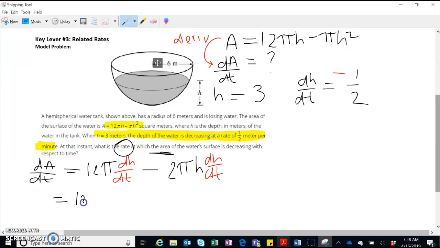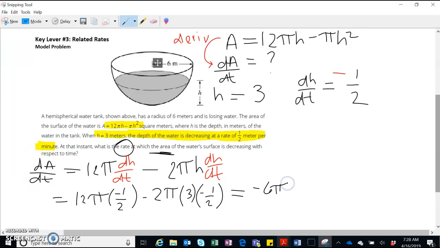This problem becomes 12 pi times dh dt, which I know is negative 1/2, minus 2 pi times my height of 3 times another dh dt of negative 1/2. Do a little bit of math, I get negative 6 pi for the first term, minus, let's see, 2 times 3 is 6, half of that is 3, but my two negatives actually make a positive, so I want to add 3 pi for my second term, and then combine like terms, that's negative 3 pi.